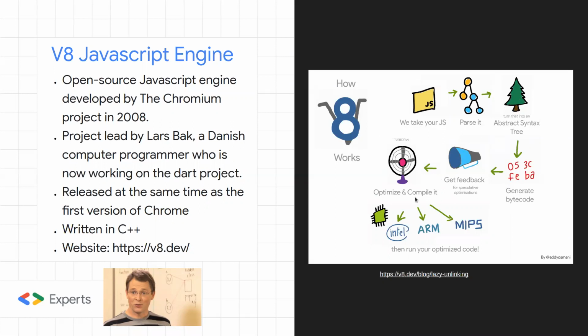Internally, V8 optimizes the code according to where that code is going to be executed. V8 is an open source project. It's led by Lars Bak, a Danish computer programmer who is now working on the Dart project. And this engine is written internally in C++.